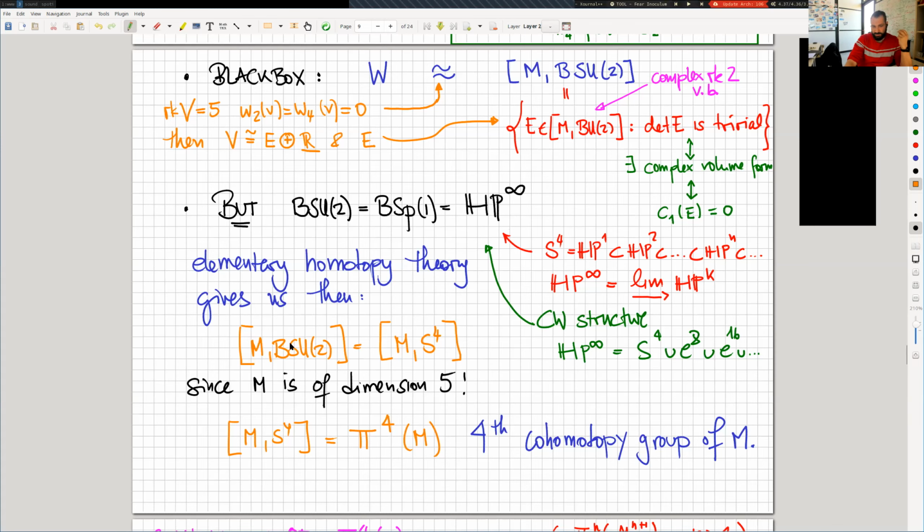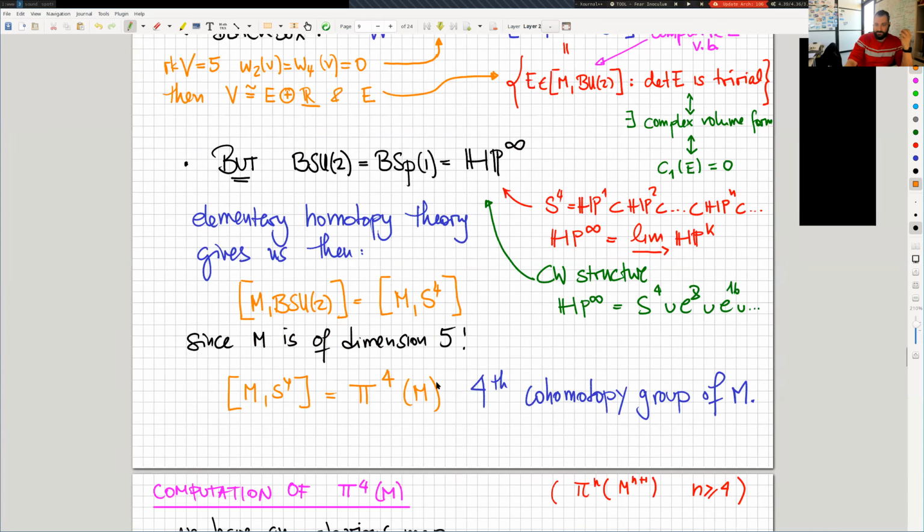I think this is the 6 skeleton, because M is 5-dimensional, you need here the 6 skeleton. And the 6 skeleton of BSU2 is the 6 skeleton of HP infinity, which is of course S4, right? And then we end up with determining the homotopy classes of maps from M to S4.